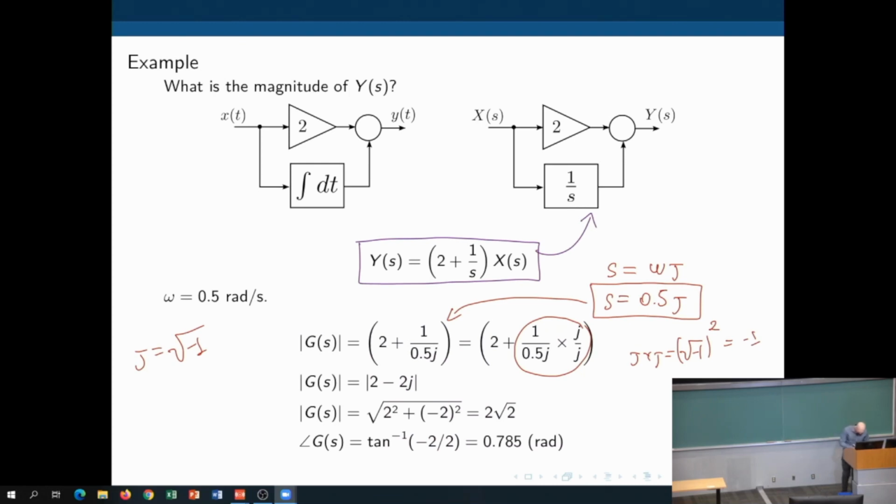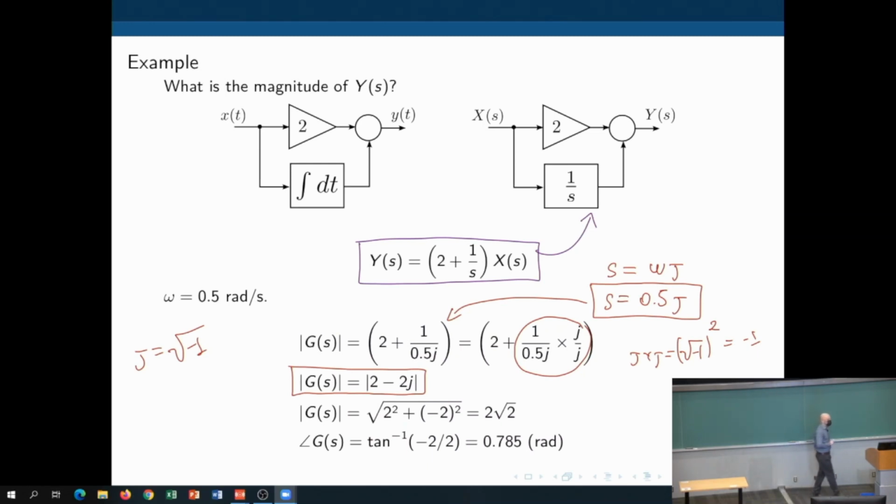So the result of this manipulation is 2 minus 2j. There we can see the real part of the transfer function, that's 2. And the imaginary part of the transfer function is negative 2. The imaginary part is not negative 2j; j is just the coordinate. The imaginary part is negative 2.